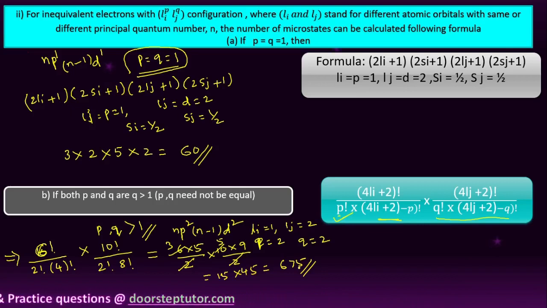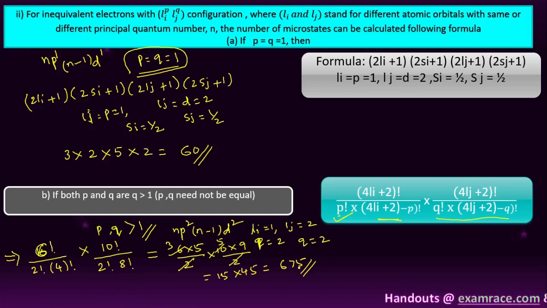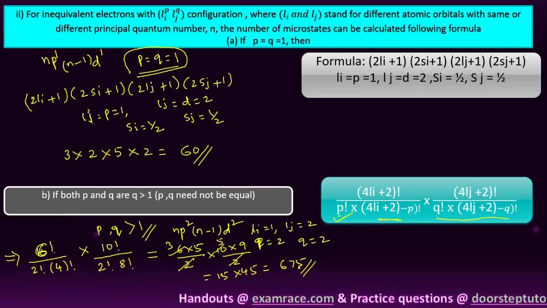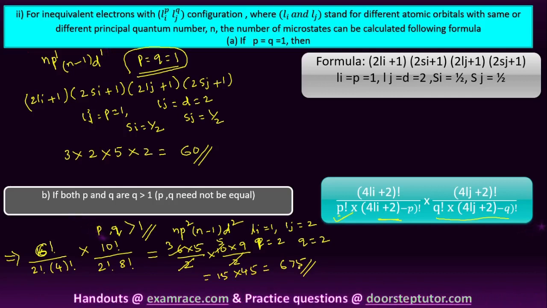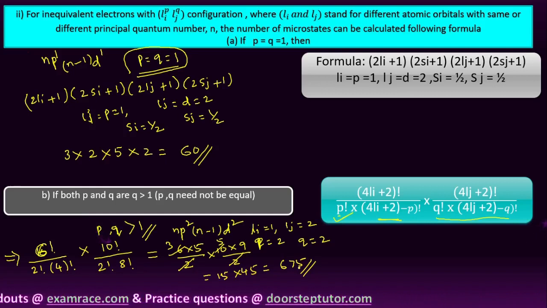So these are the three simple ways to determine the number of microstates of various configurations. Please remember the formulas, students, which help determine the microstates of various configurations.